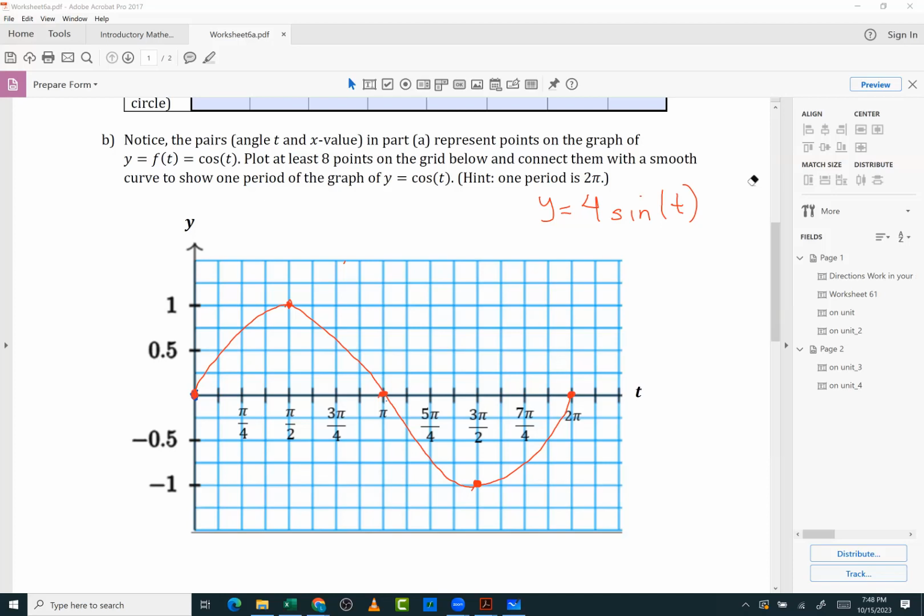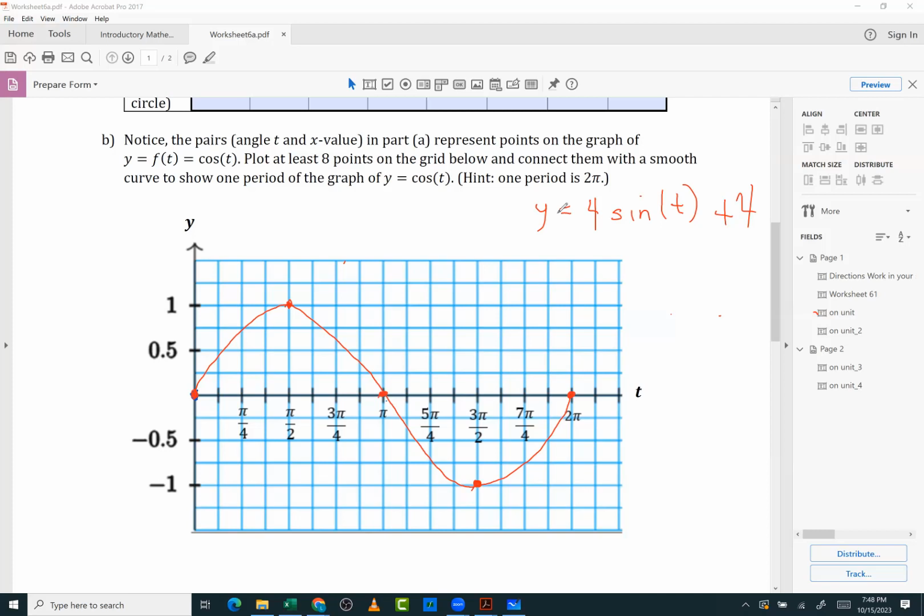If I did this instead of this, what is it doing? It's adding. Yeah, different. So they're both vertical.